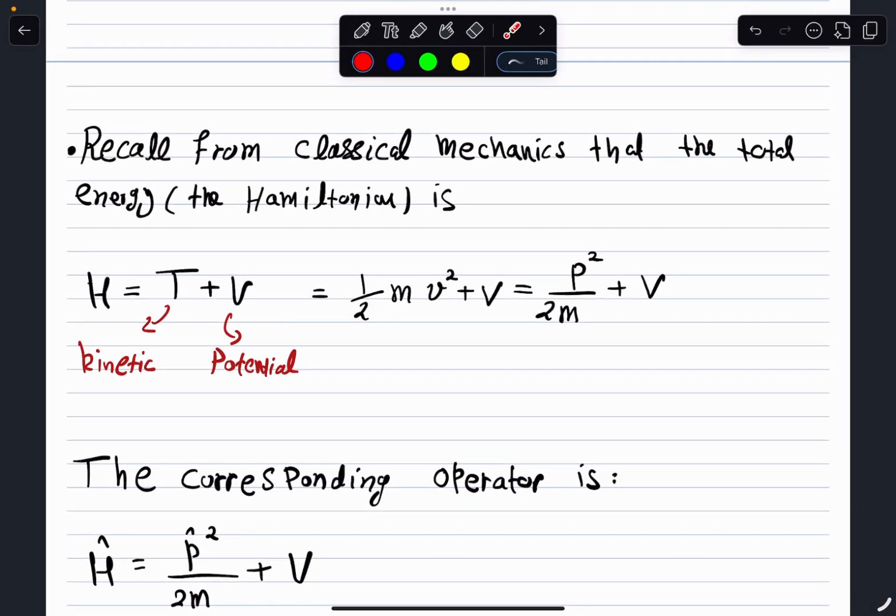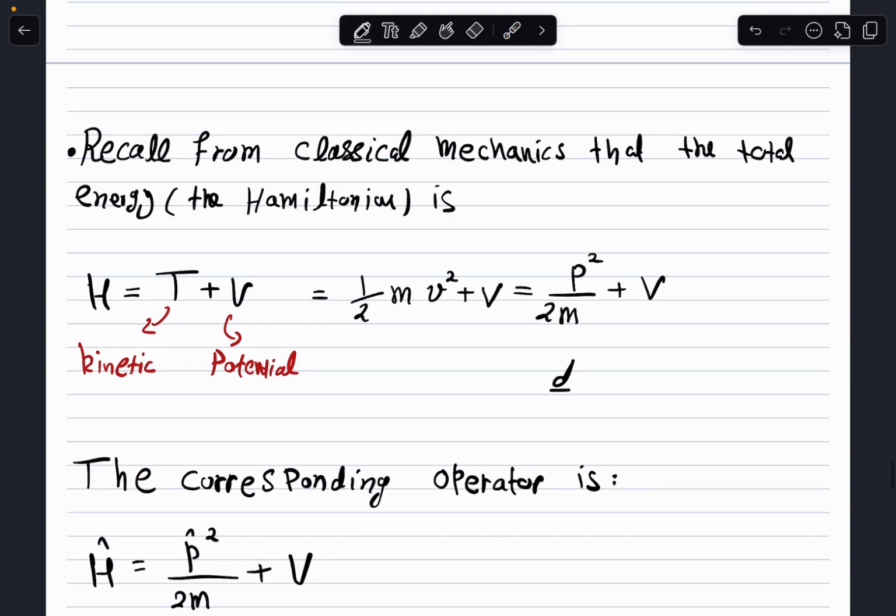If we have a specific operator and we square it, that means apply it to the function twice. For example, if I have the differential operator, which basically takes the derivative of a function, d over dx, and I say square it, that means apply it to the function twice, which means the second derivative. Okay, so this is the meaning of the operator squared.